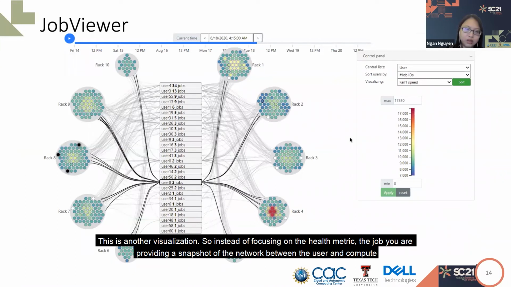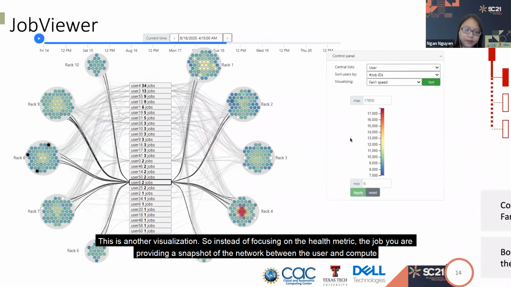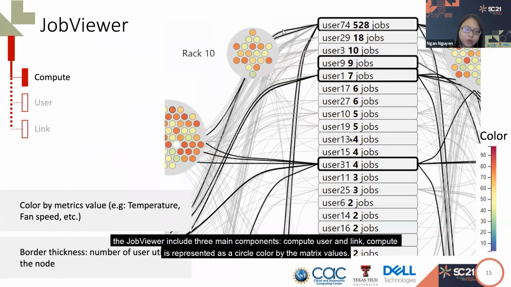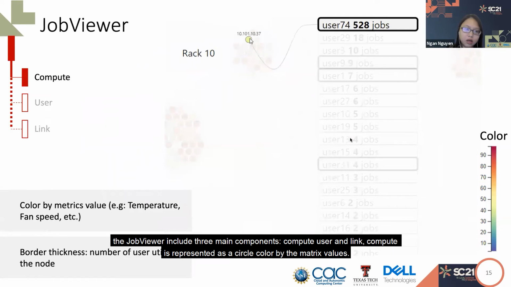So this is another visualization. Instead of focusing on the health metric, the job viewer provides a snapshot of the network between the user and the compute. The job viewer includes three main components: compute, user, and link.